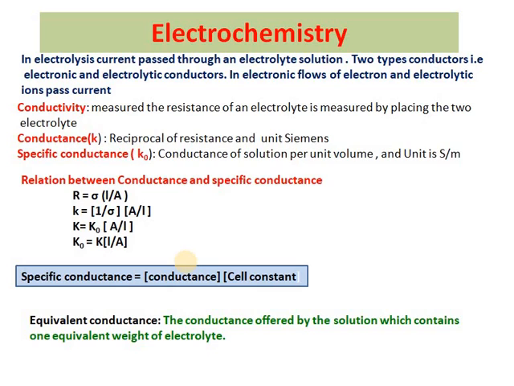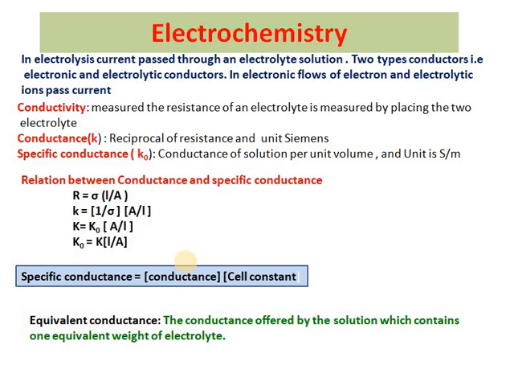And therefore, for electronic conductors, the main carriers used are electrons for the passage of current, and electrolytic conductors are mainly used for the passage of current by the ions in the solution. There are two types of current carriers, as they deal with electrolyte solution with ions, and the carriers affect the passage of current in the solutions.